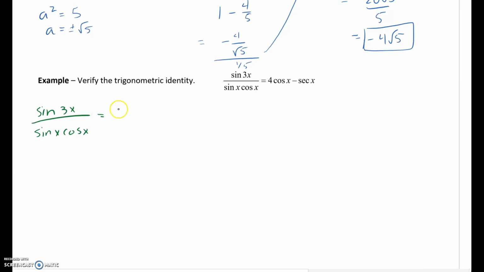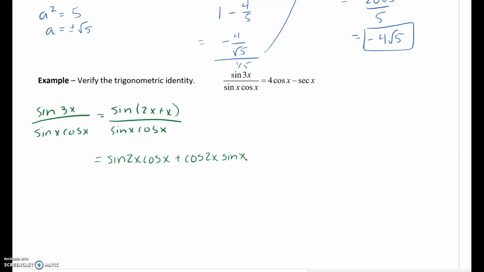Sine 3x I can rewrite as sine of 2x plus x over sine x cosine x. So now I can use my sine addition formula, right? So that's sine 2x cosine x plus cosine 2x sine x all over sine x cosine x.